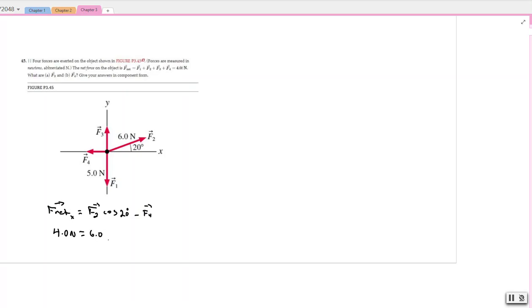F2 is 6.0 newtons, cosine of 20 degrees, minus F4. If I just bring the 6.0 newtons cosine of 20 to the left, I get 4.0 newtons minus 6.0 newtons cosine of 20 degrees equals negative F4. That would be 5.64 newtons equals negative F4, so it would be negative 1.64 newtons.